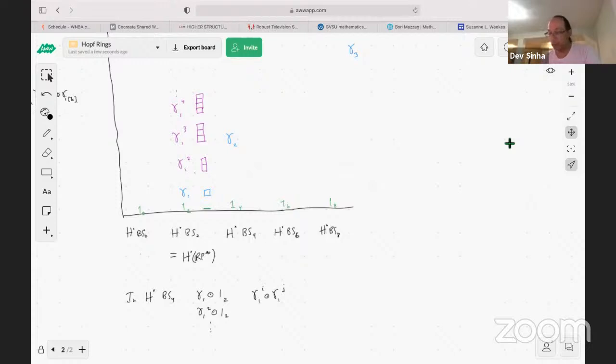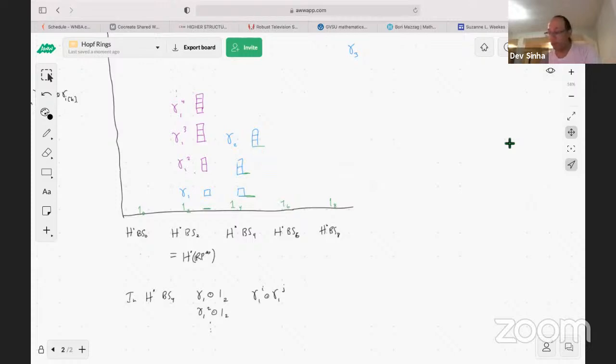So you have gamma 1 transfer 1, gamma 1 squared transfer 1, gamma 1 cubed transfer 1, and so forth.